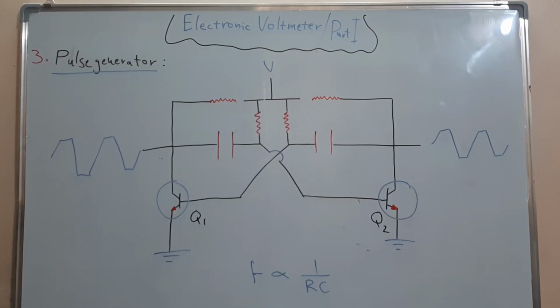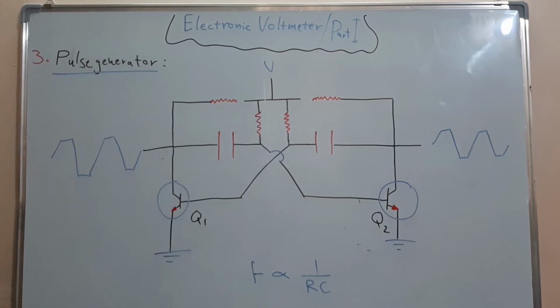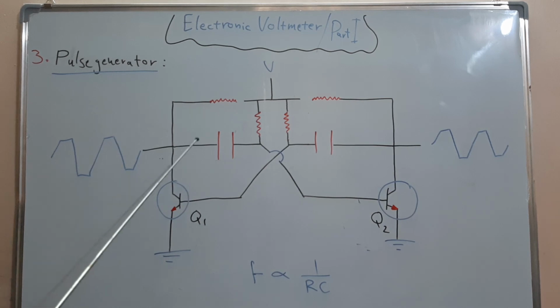The third part of the electronic voltmeter is the pulse generator. There is a large number of pulse generators, but I use this type. This type is composed of 4 resistances, bound in that way, 2 capacitors, and 2 similar NPN transistors.